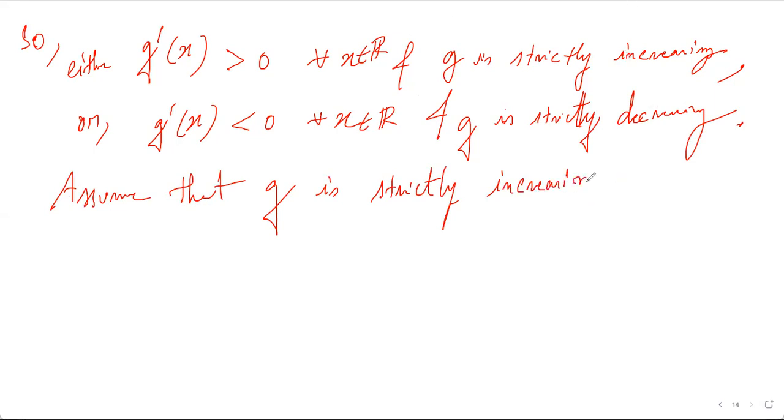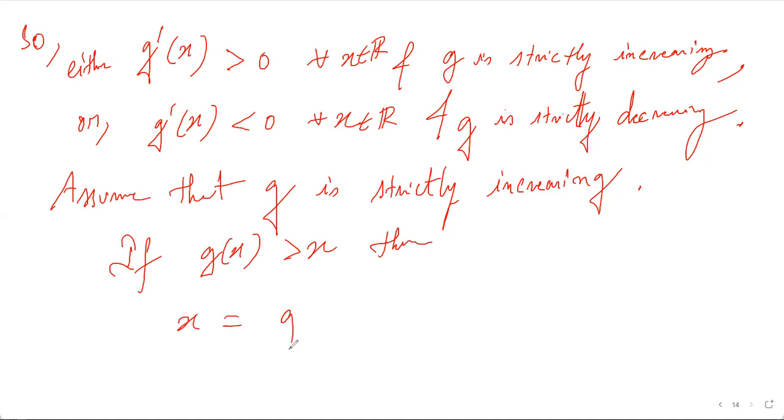Now if g of x is greater than x, then x is equal to g of g of x, which is greater than g of x, which is greater than x. And again that's a contradiction: x is greater than x.